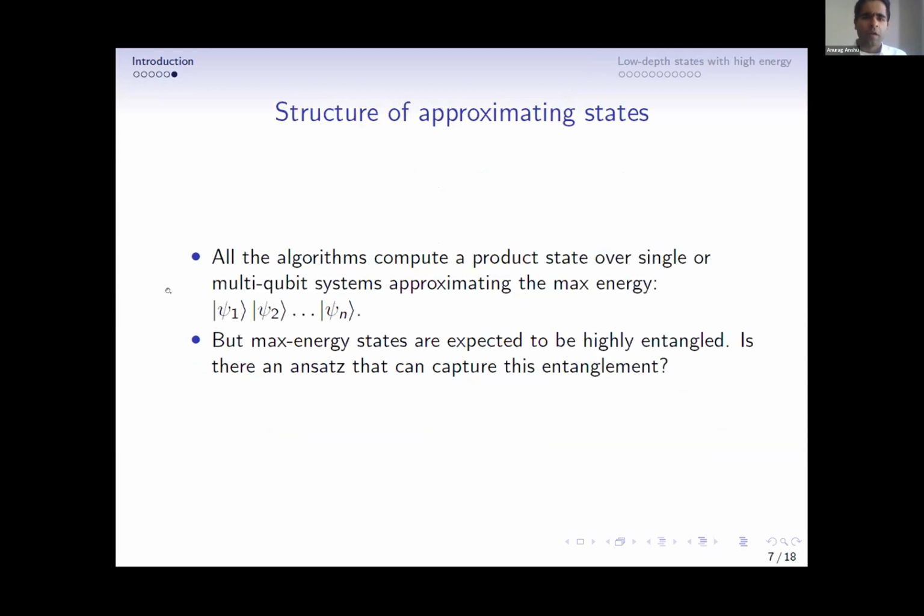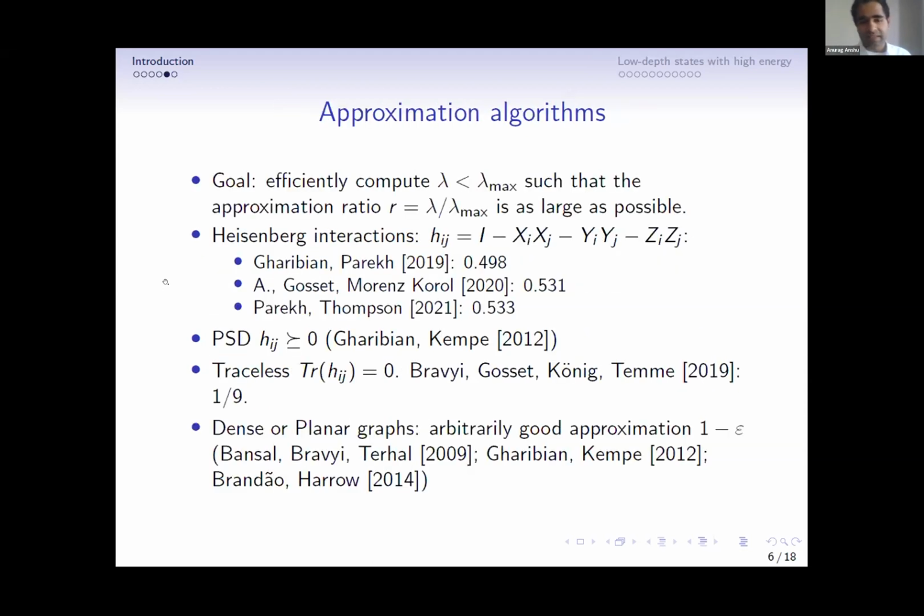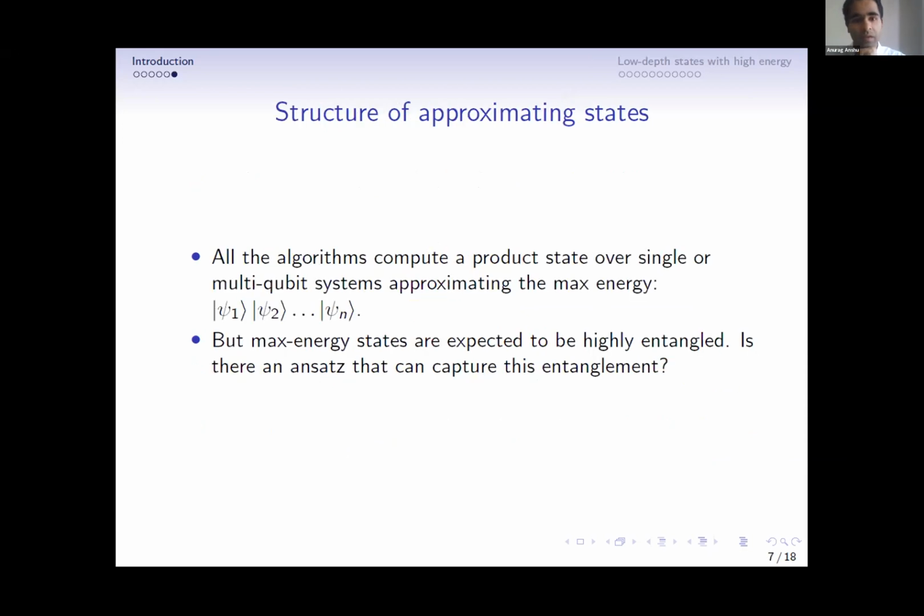So one thing that happens in these results, and in fact, it's a very natural property to expect, is that these algorithms are in fact classical. That means these are all classical algorithms that, for a given Hamiltonian, give you an ansatz.